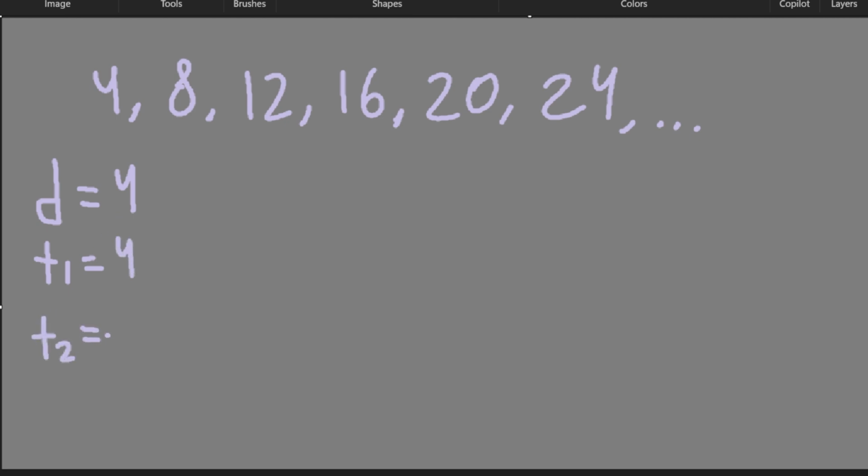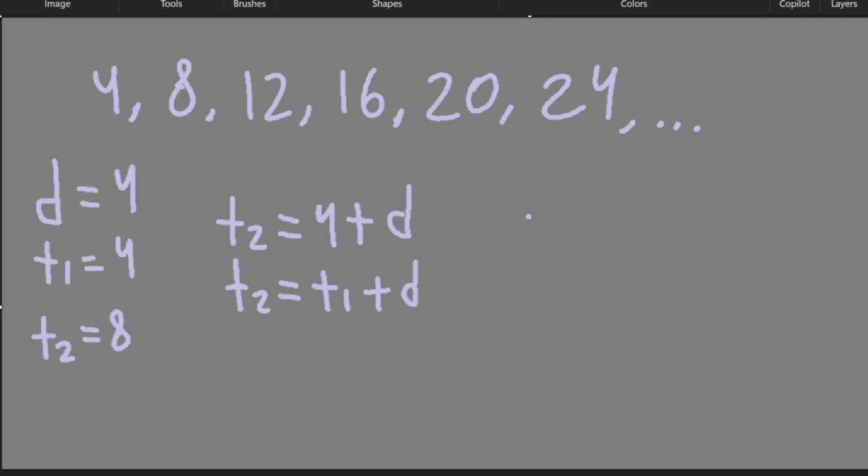T2 is 8. What we can also say for T2 is that T2 is equal to 4 plus the common difference, because the common difference is 4, and T2 is 4 plus 4. So 4 plus D. But what is 4? 4 is also T1, so we can say that T2 is equal to T1 plus D. What about T3?